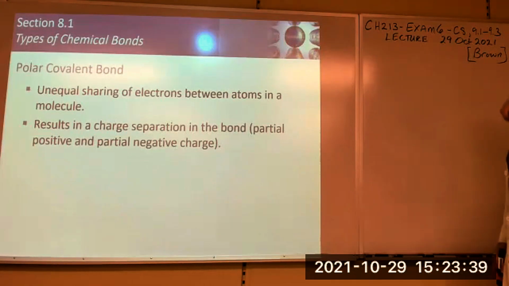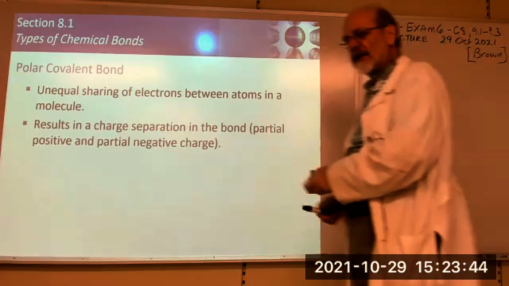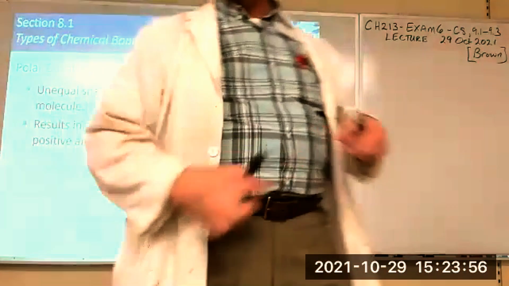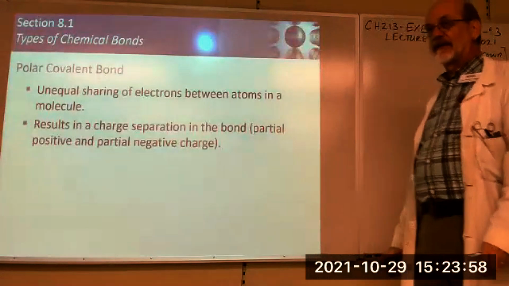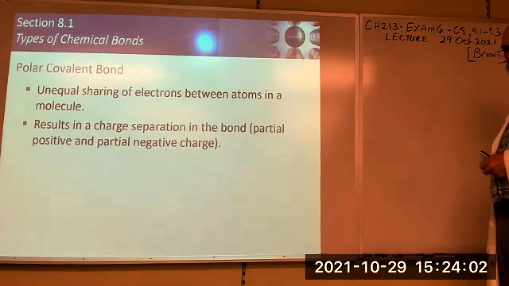Okay, when we have a bond, a covalent bond, now we'll focus on those. When you have a covalent bond, and the atoms are sharing electrons to form that bond, they don't always share equally. Right? What's yours is yours. What's yours is mine, and what's mine is yours.